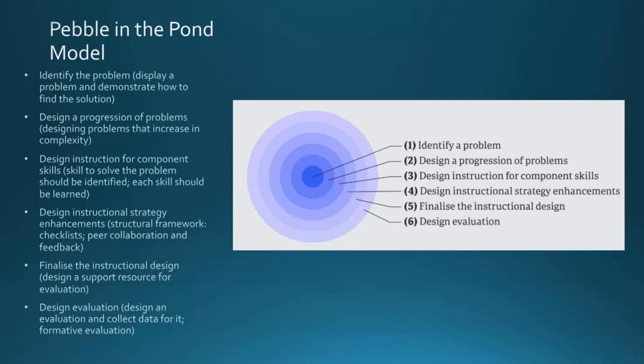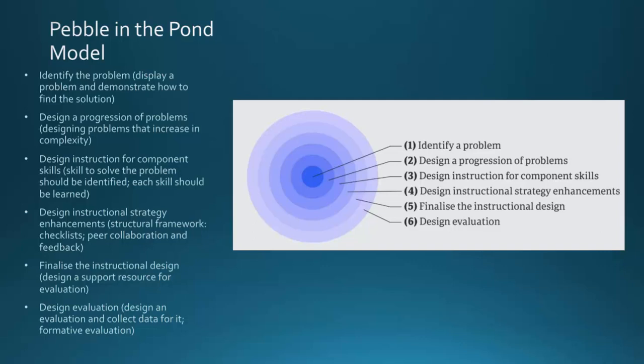Third is design instruction for component skills. This is where the learner is learning the brand new skill, and they are solving the problem so that they are able to complete the entire concept and understand it.